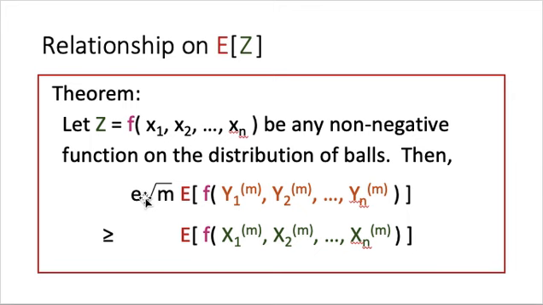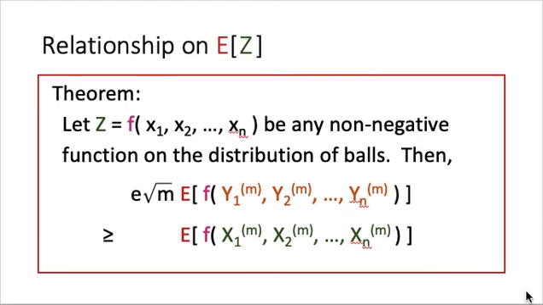Then we claim that the expected value of Z in the exact case is related to the expected value of Z in the Poisson case in the following relationship. e multiplied by the square root of the number of balls multiplied by the expected value of Z in the Poisson case is greater than or equal to the expected value of Z in the exact case.